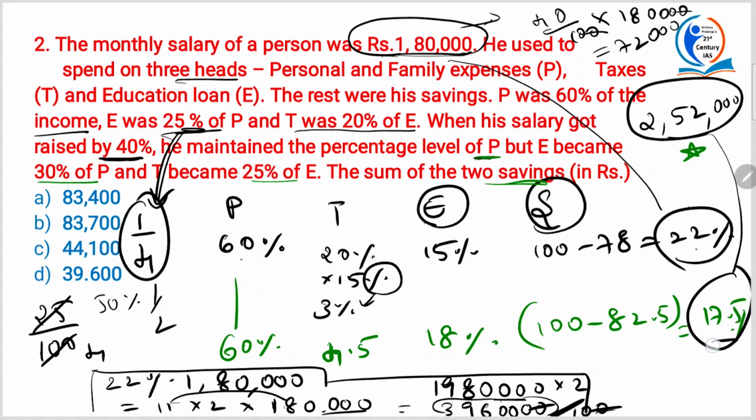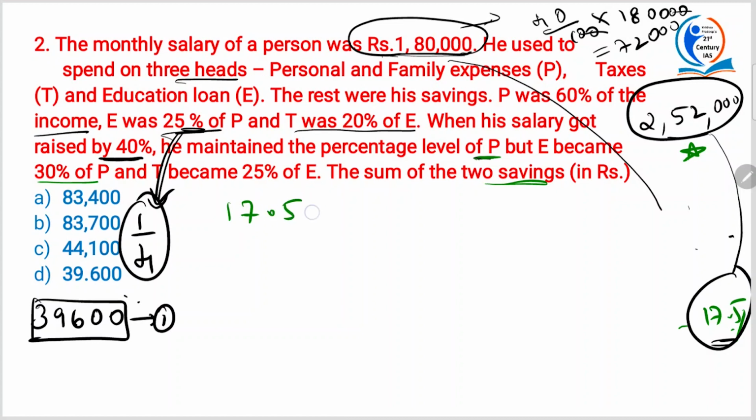Okay. Now 17.5% of 252,000. See here, it is 17.5% of 252,000. In the previous sessions, we have already seen that percentage and 2 zeros will get cancelled, and here there's a point, no? 0.5 into 10 is how much? That point and 1 zero will also go.